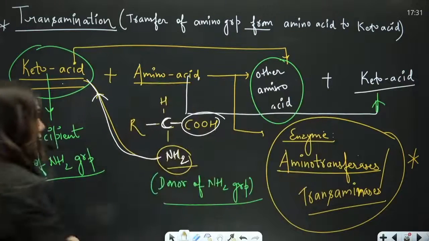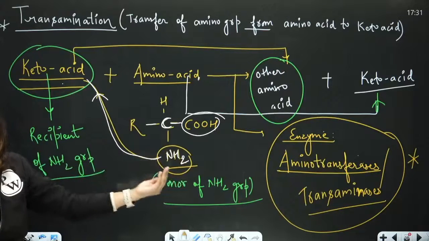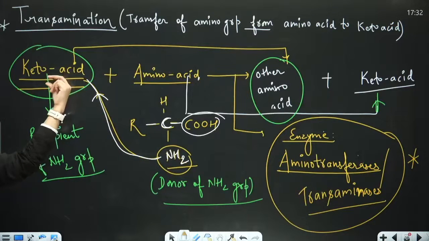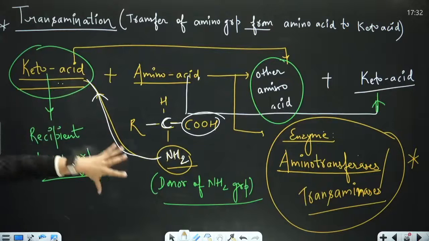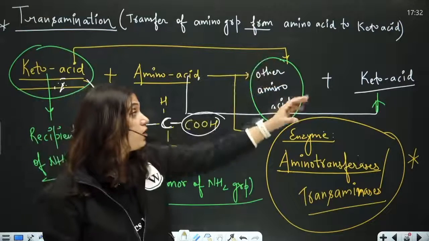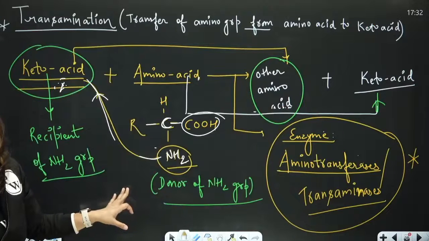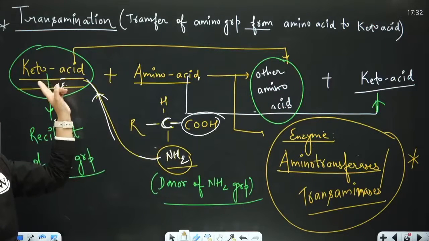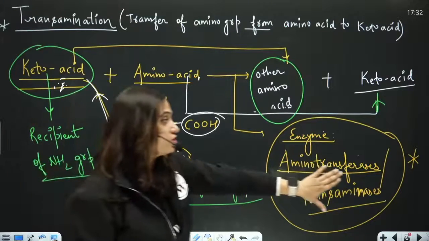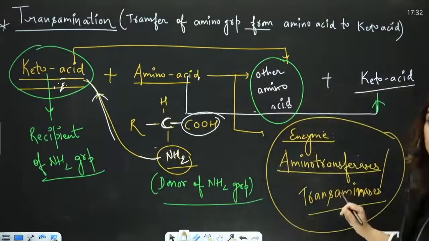So this amino acid here has donated its NH2 group to the keto acid. And as soon as this keto acid accepted this NH2 group from the amino acid, it has been converted into another type of amino acid. And this amino acid, as soon as it has donated its NH2 group, will get converted to the keto acid from which it is formed. Clear? From which it is formed.